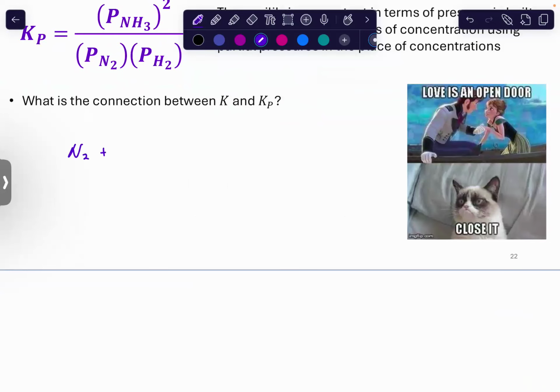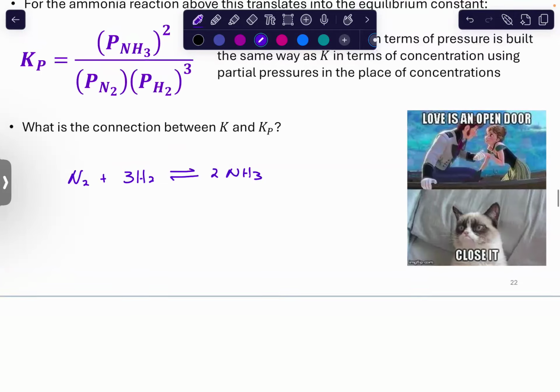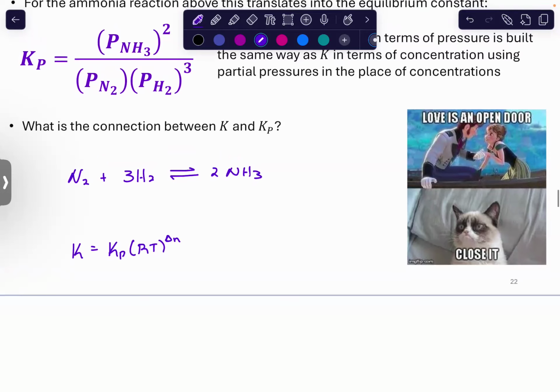So N2 plus 3H2 gives 2NH3. So how do I connect the K and the KP? So I know that my K is going to be KP times RT to the delta n. So I have to figure out what delta n is, okay?